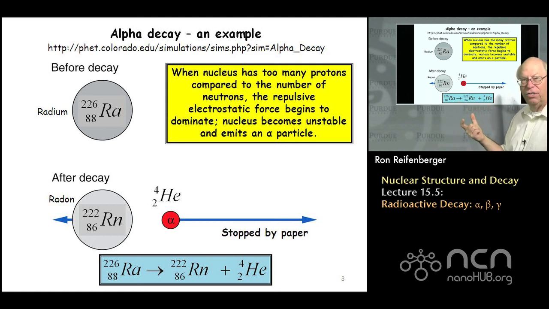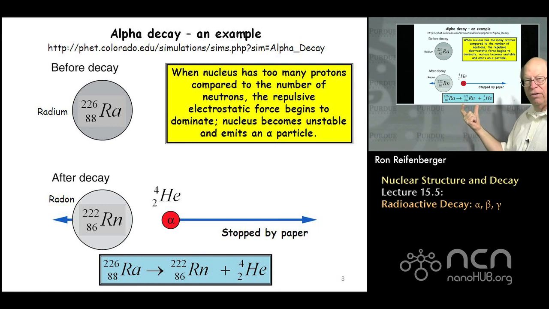And if the reaction is a viable reaction, then the sum of the numbers on the right has got to equal the numbers on the left, both for the total number of nucleons involved in the reaction and also for the total number of protons involved in the reaction.